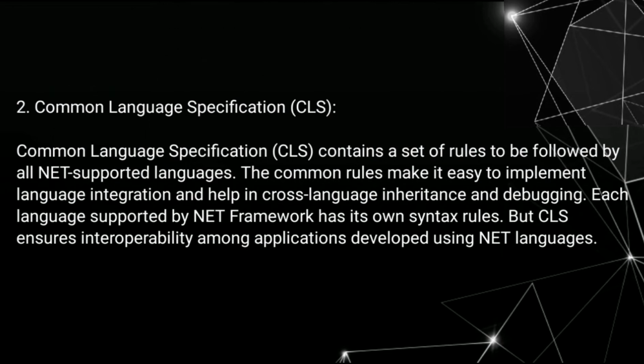The common rules make it easy to implement language integration and help in cross-language inheritance and debugging. Each language supported by .NET Framework has its own syntax rules, but CLS ensures interoperability among applications developed using .NET languages.